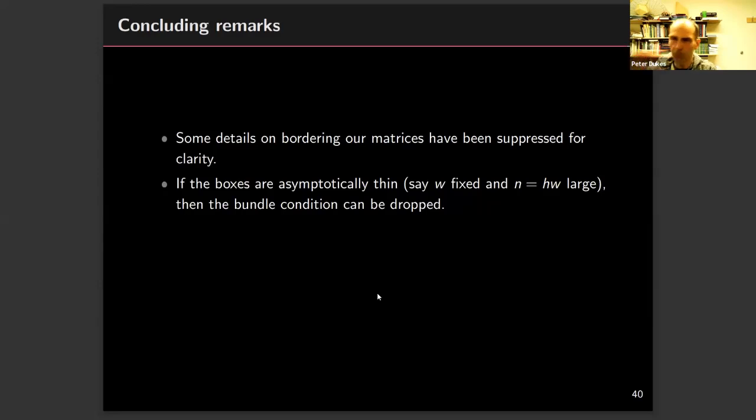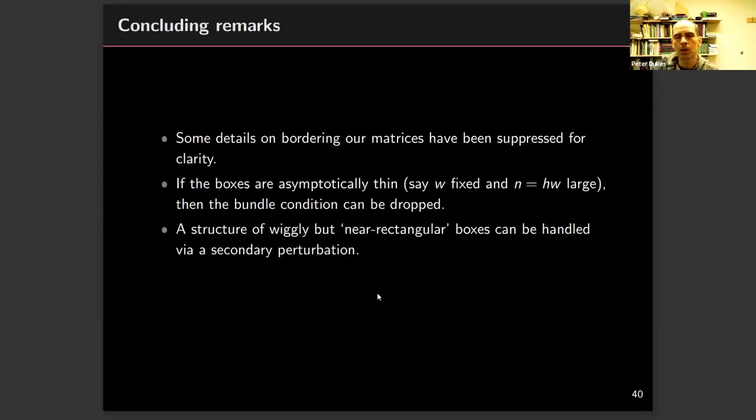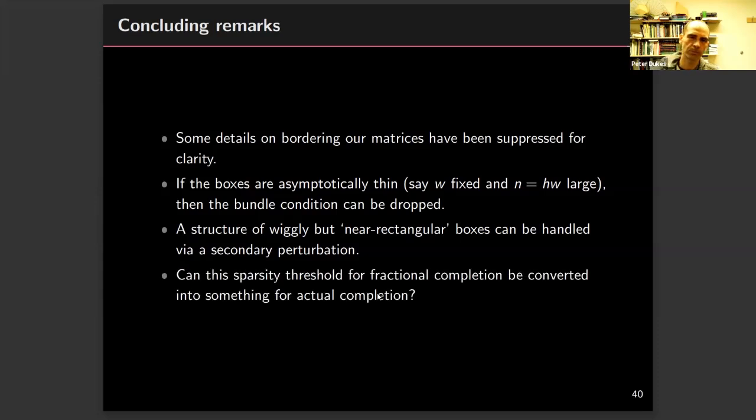We completely filled the bundle with that symbol, and we still showed that we didn't get too much filled, so that we could still use the perturbation. You could also apply this to some non-rectangular boxes as long as they're approximately rectangular. Same kind of idea can work there. You get a little bit of a worse bound, though, and we weren't actually explicit with the bound, but maybe some future research could look into that.